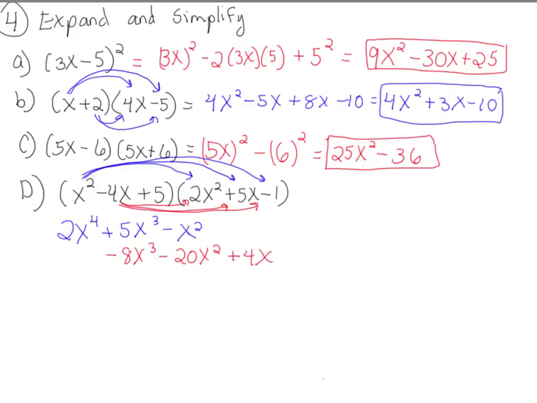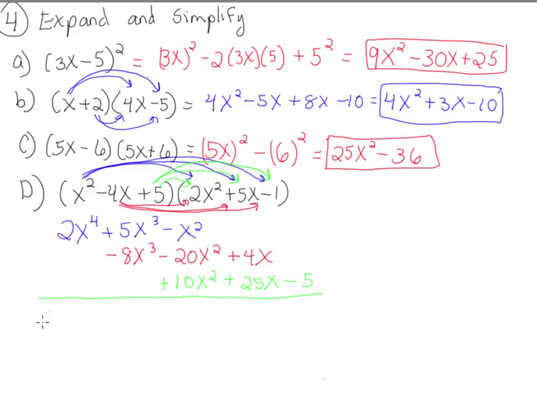And last but not least, I'm going to take the 5 and distribute it to each of the terms in the second parentheses. Starting with a positive 10x squared, then a positive 25x, minus 5.